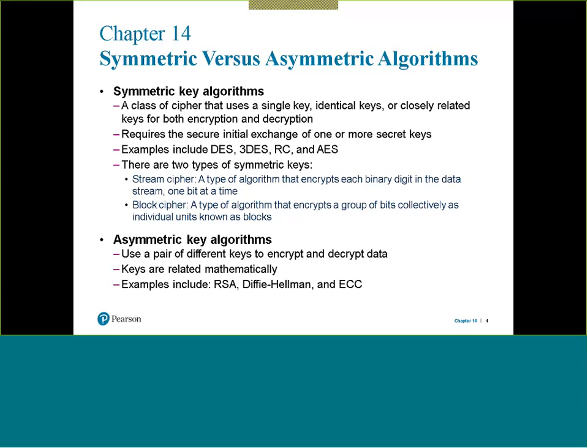Some of the examples of symmetric encryption: DES, triple DES, RC, and then AES. We'll get into a little bit about all of those. There are basically two ways this works. With a symmetric, you have stream ciphers and block ciphers. A stream encrypts every single character, one character at a time. A block, for speed, uses groups of bits, like DES is 64-bit.